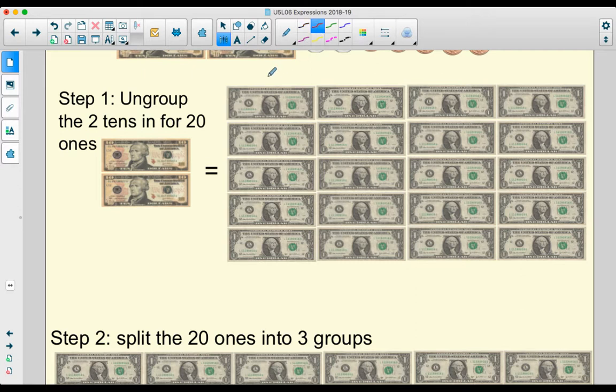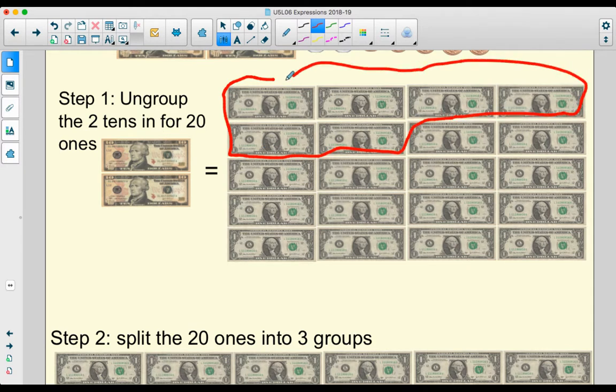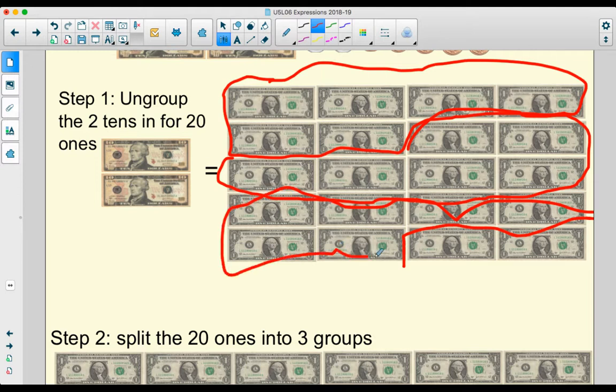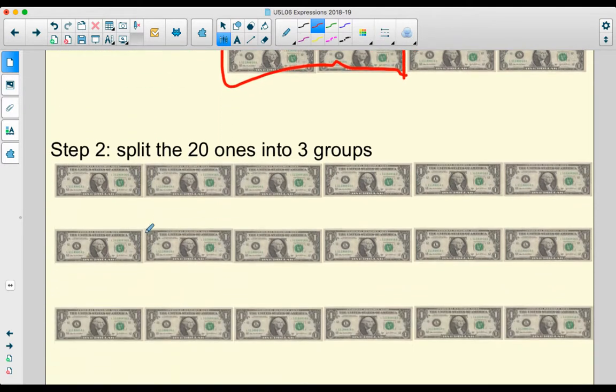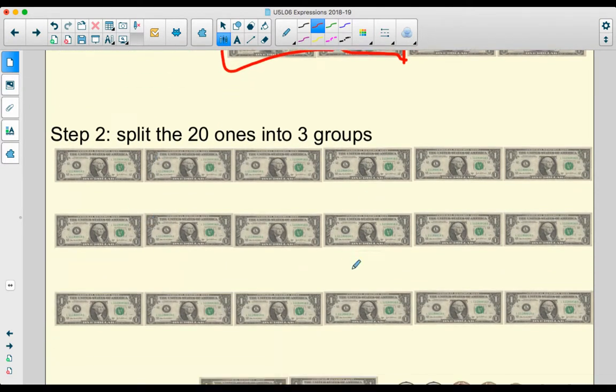They would get 20 divided by 3, which would be 6 ones each. So this person would get 6, another person gets 6, and the third person gets 6. Oops, that's funny. With 2 ones left over. So there we are, 3 groups of 6.